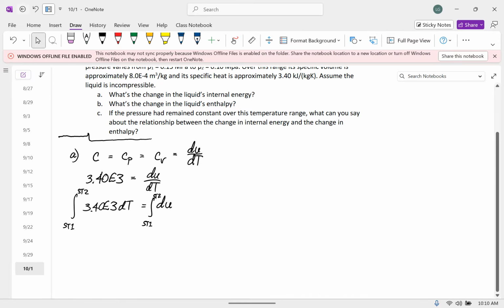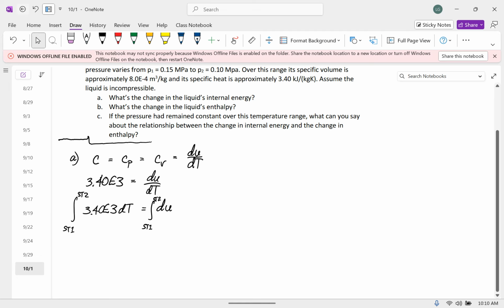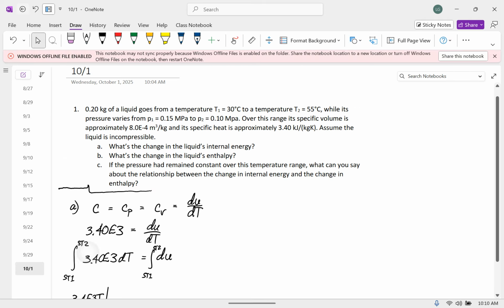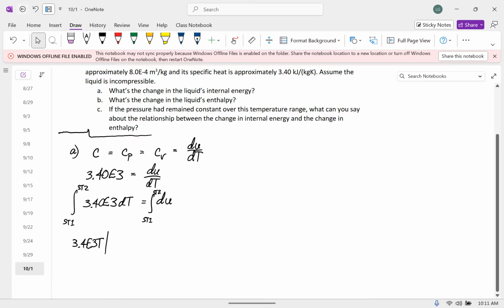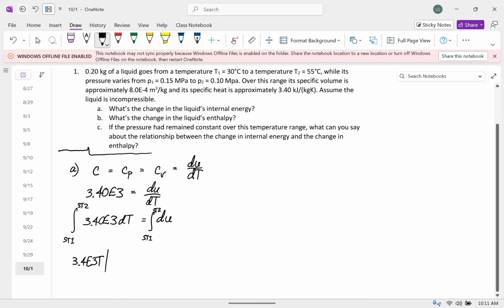If you do that integration, you get 3.4 times 10 to the third T, where T is evaluated from state 1 at 30 to state 2 at 55. You could convert these to Kelvin, but since this is just going to show up as a difference, we can just use the Celsius temperatures too.